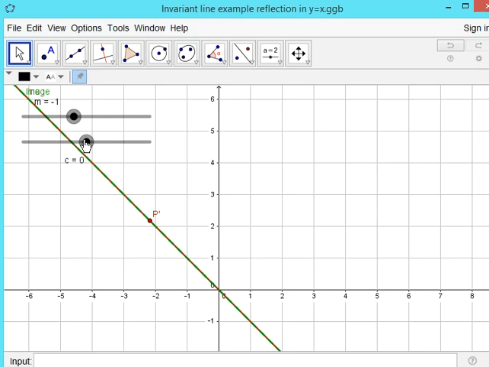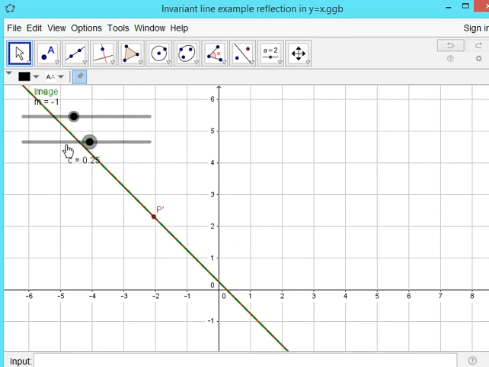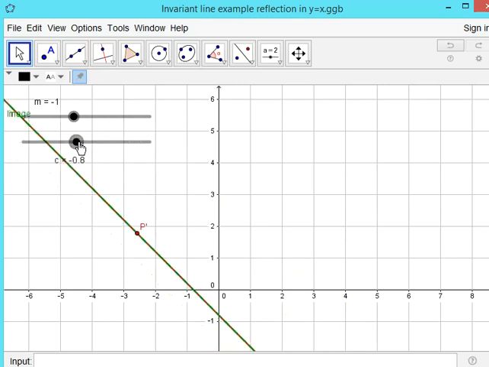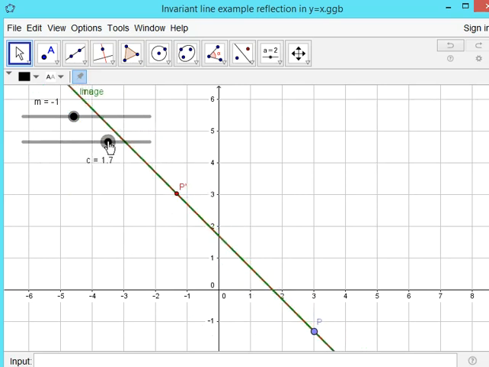Let's look and see if the value of c matters now. Oh, actually, that's really interesting again. So any line where m equals -1 and c is any value is also an invariant line, but note that the points P do not map directly onto themselves, that the images P dash are separate.